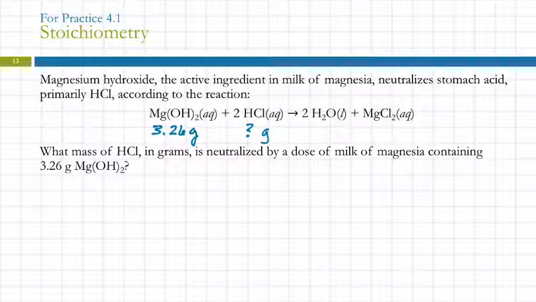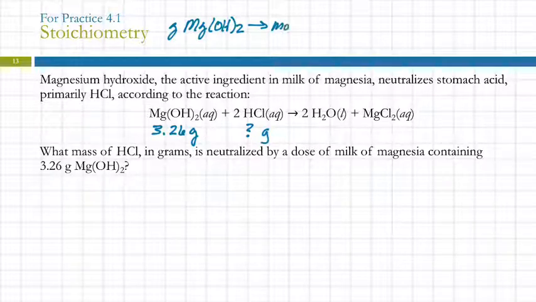What's my generic stoichiometry path? Grams to moles to moles to grams, right? So I'm going to write that up here. Grams, what am I starting with? Magnesium hydroxide. So grams of magnesium hydroxide, yes, it's a little tedious to write the formula over and over again.